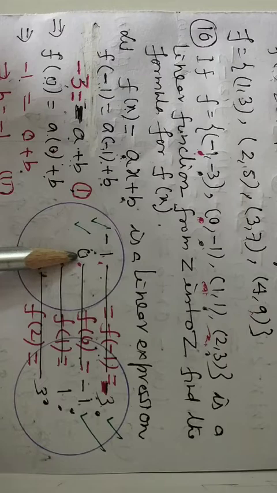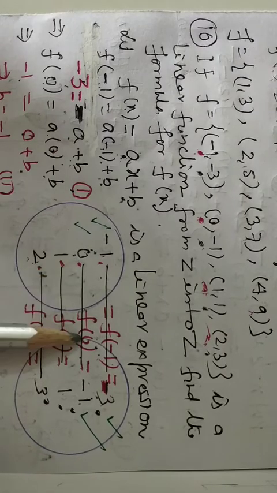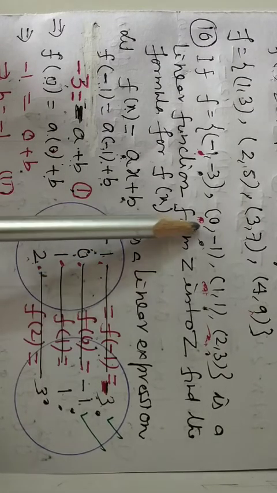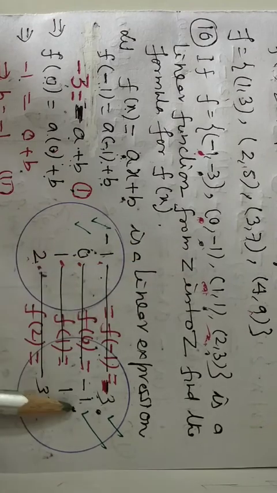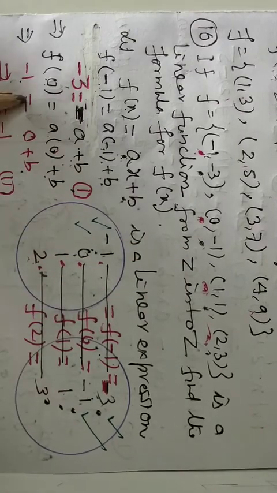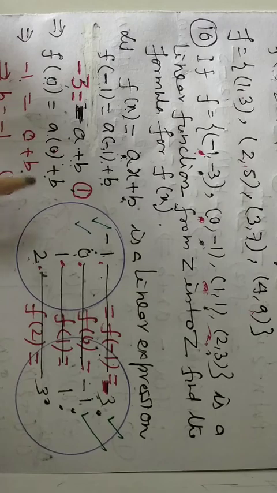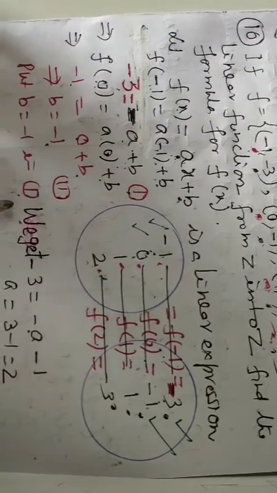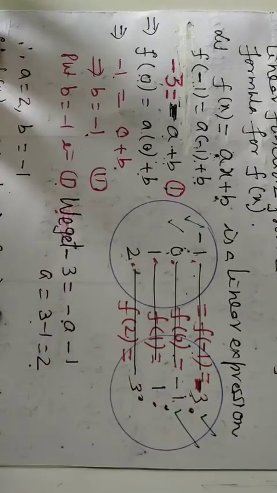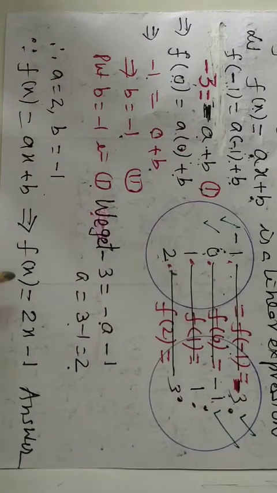Again 0 becomes f(0), and 0 goes to -1, so f(0) is equal to -1. Putting f(0) equal to -1, we get two equations. Solving the two equations to get a and b, and finally putting the value of a and b in ax plus b, we get the formula.